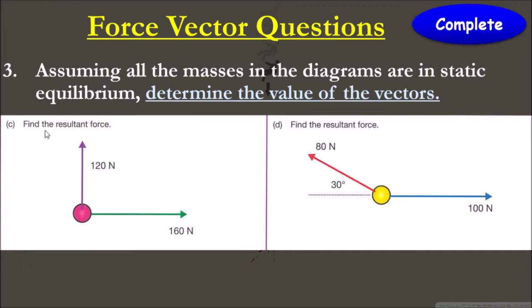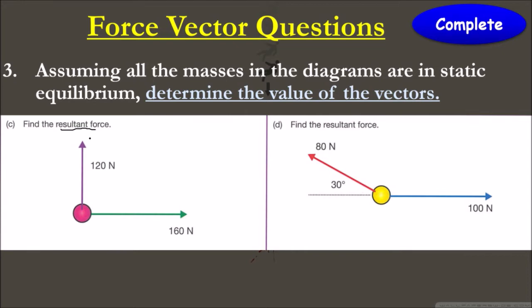Okay, now we move to the next set of questions, C and D. It says determine the value of the vectors. In this case, we are trying to find the resultant vector. I'm pulling upwards at 120 newtons, and I'm pulling this up at 160 newtons.